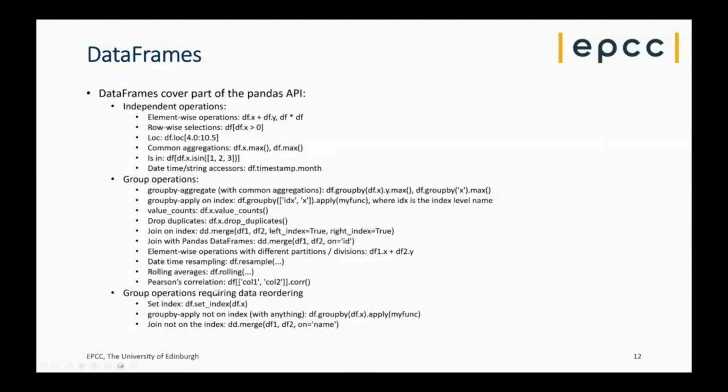And then just as Pandas gives you a lot of functionality, you can also do very similar things on Dask data frames. So you can do independent operations such as element and row wise, locating individual features, aggregating, discovering data, group bys, duplicates, joins, element-wise operations, averages, those kinds of things.